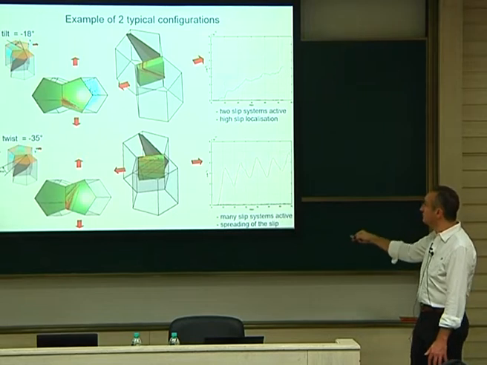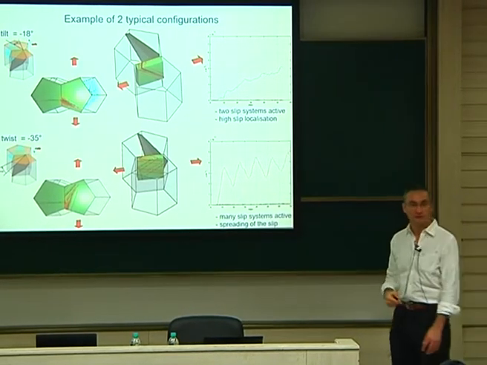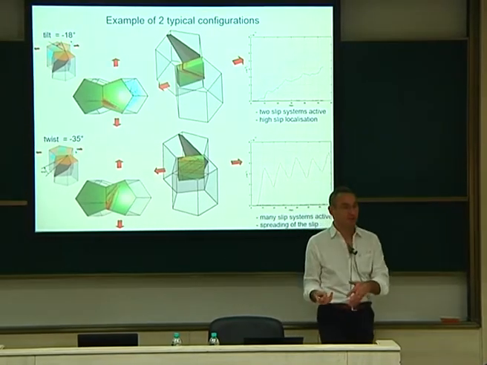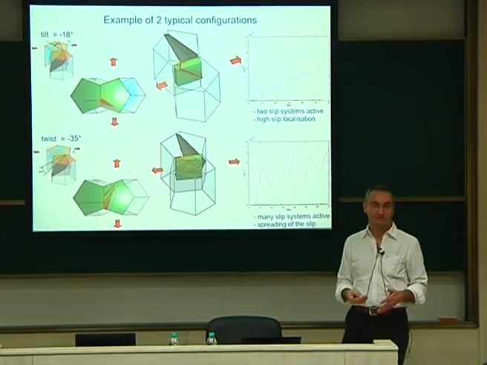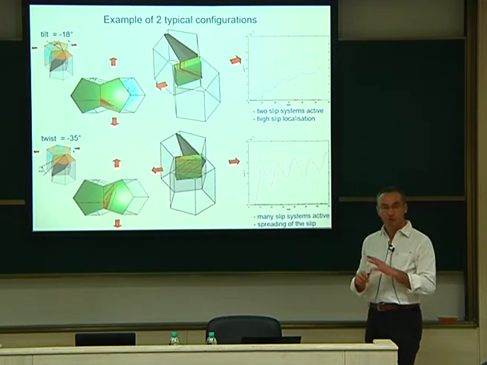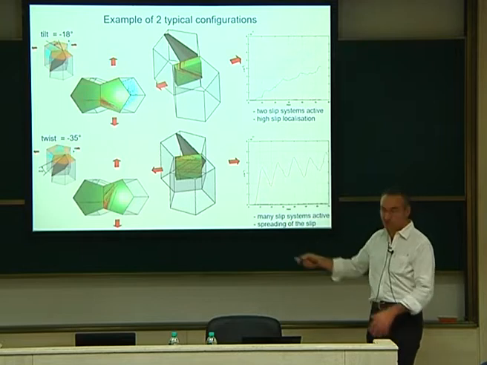It's more like this process, and you have secondary slip systems which are also developing and so on. So this is totally different, and this will stop your crack. The crack then, in that case, will not be able to move fast. Okay? So you can see that between that case and that case, the mechanical response will be totally different. Okay? This is very fast crack propagation. The crack is stopped here.